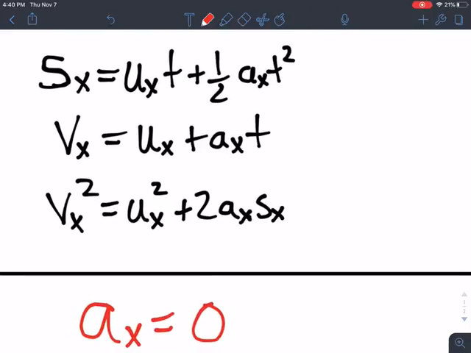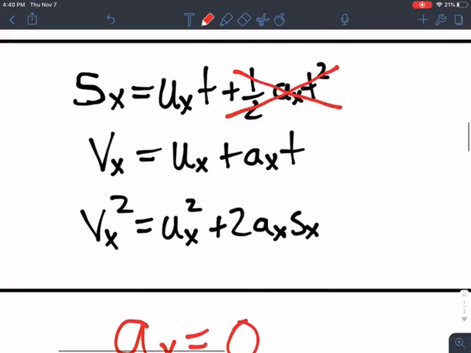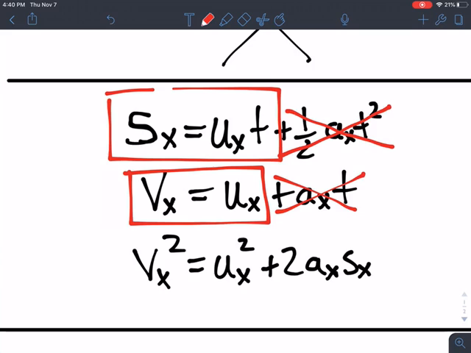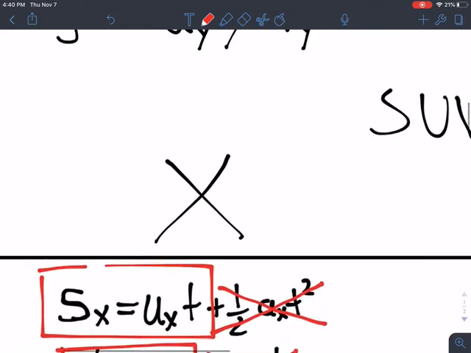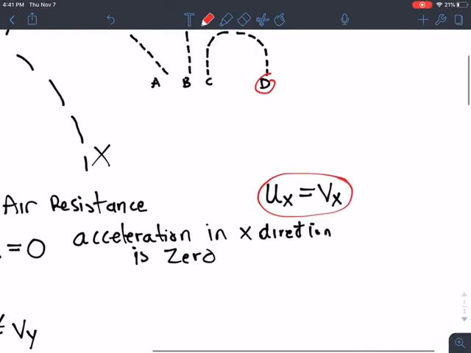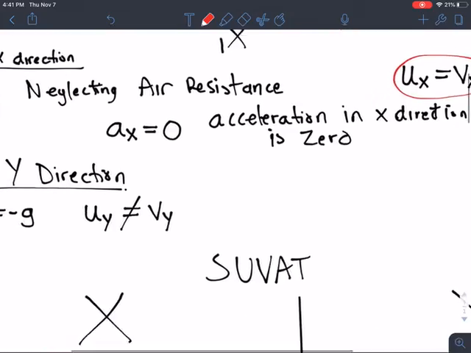Well, in the first equation, if AX is equal to 0, that's going to cancel out this entire quantity right here. And all we're left with is SX equals UX times T. In the second equation, it's going to cancel out this whole quantity, and all we're left with is Vx equals Ux, which by rule, that makes sense because we said that if there's no acceleration, then final speed will be equal to initial speed.